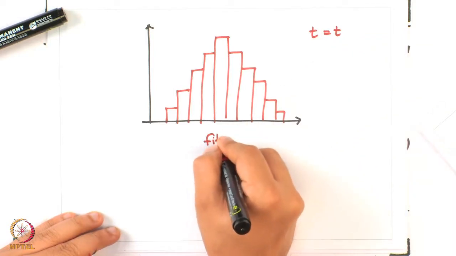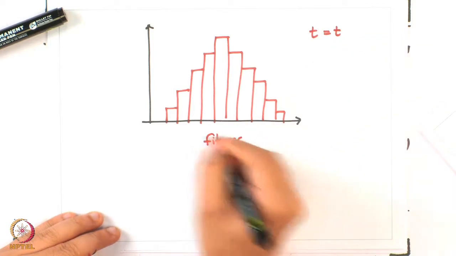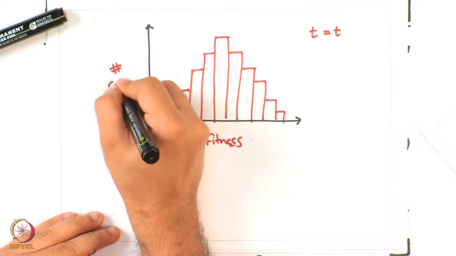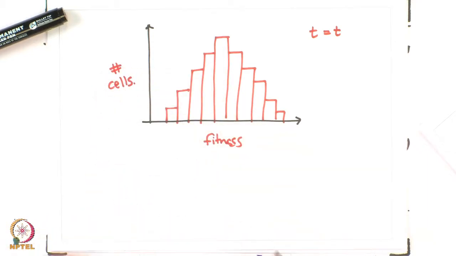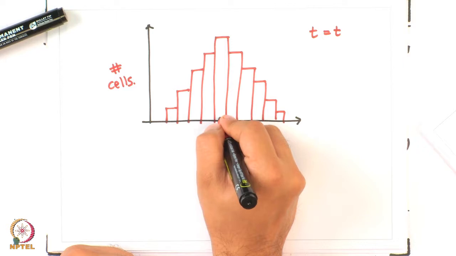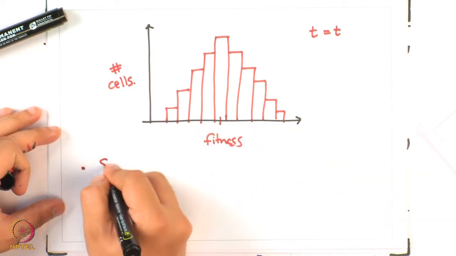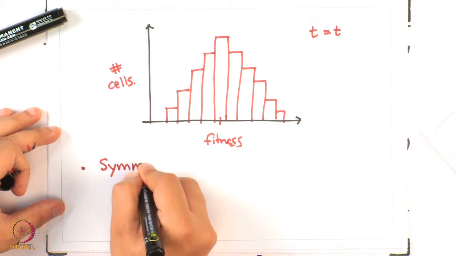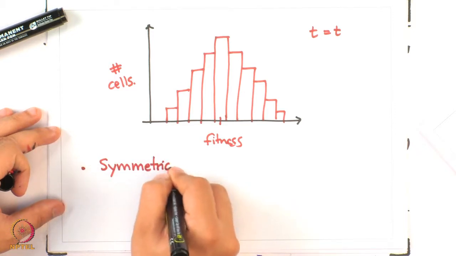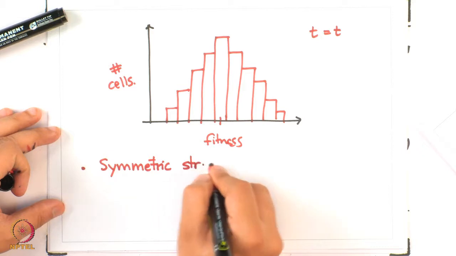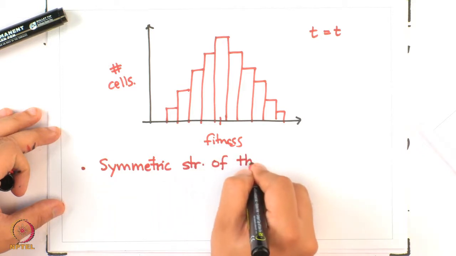This is fitness, number of cells. If this is the case, we will assume a symmetric structure of the population.